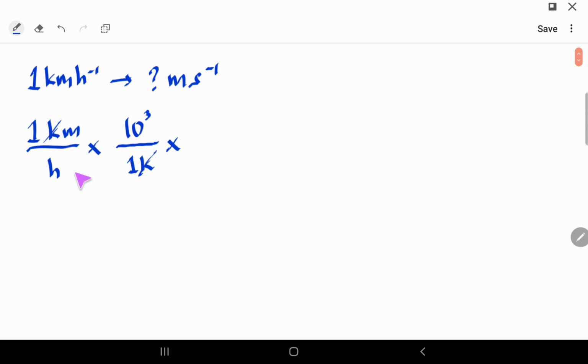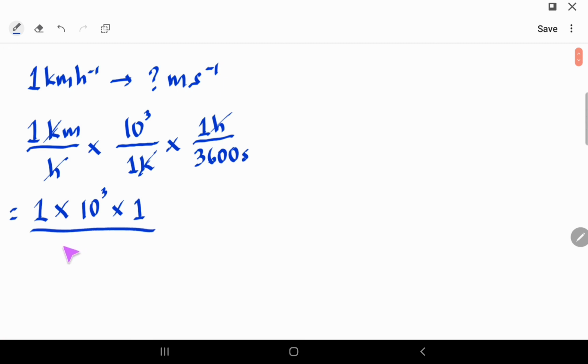And then to cancel out hour, which is located at the bottom here, we put hour at the upper side. 1 hour equals 3600 seconds. So hour and hour cancel each other. Then the unit now is already in meter per second. So it equals 1 times 10 to the power of 3 times 1 divided by 3600 meter per second. We need to calculate this, giving you the answer in meter per second.